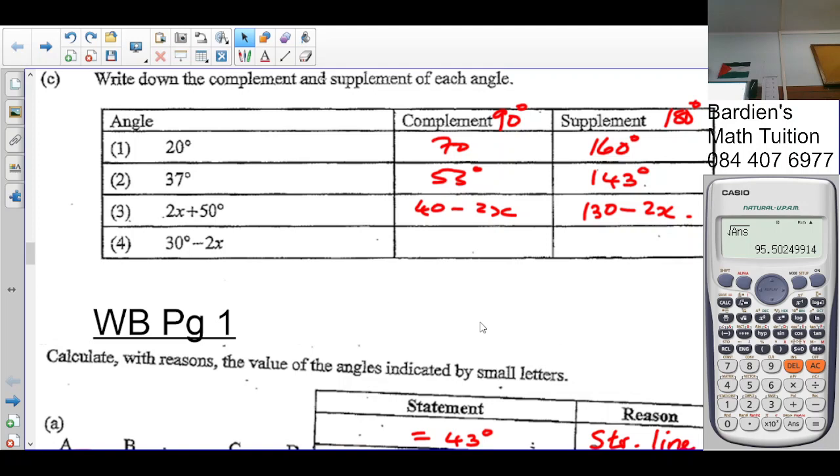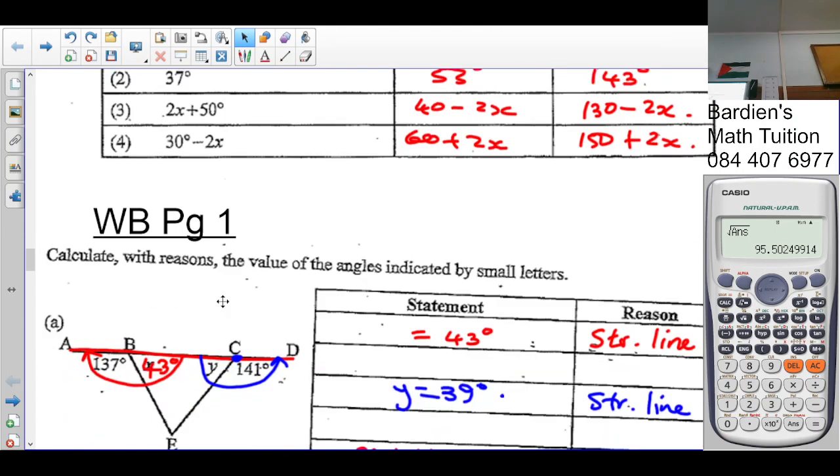Right, you guys sorted? So what do we have? 60 plus 2x. You all get that? Complementary. The next one would be 150 plus 2x. Okay, you all agree with that?